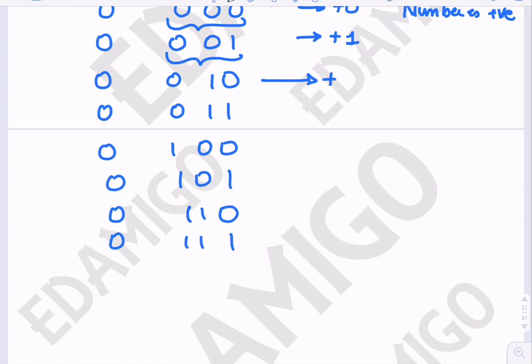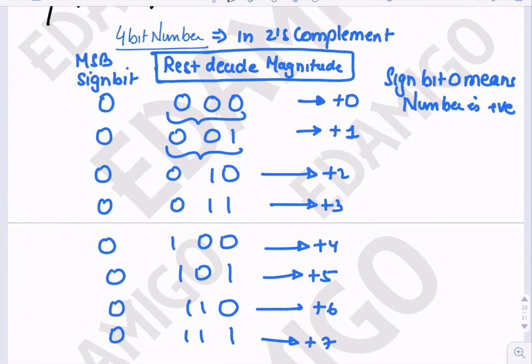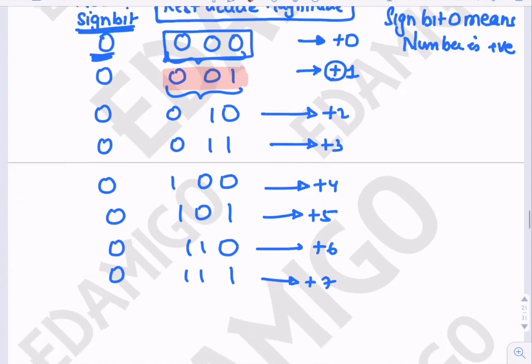So we have plus 2, plus 3, plus 4, plus 5, plus 6 and plus 7. Whenever the sign bit is 0, the rest of the bits show the magnitude, so the number will be plus the magnitude.